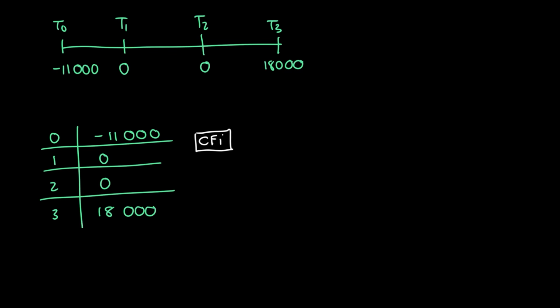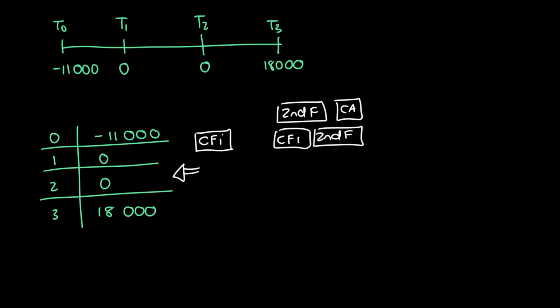Whenever we use our financial calculator, we do second function, CA, so that's still normal. But we also have to consider an additional piece of information here to clear the data that we're putting into this table. That's going to be the CF0 and then second function, CA. So that's going to clear our table data values.